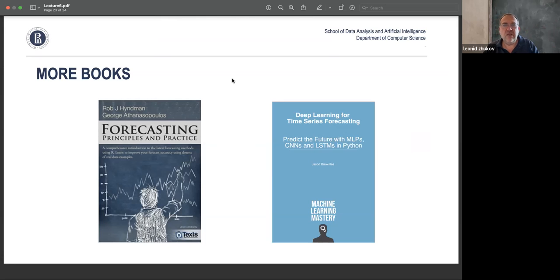So if you have only a few data points, it's probably better to just stick with the classical approaches, either ARIMA, moving least squares, or exponential smoothing, one of those techniques.